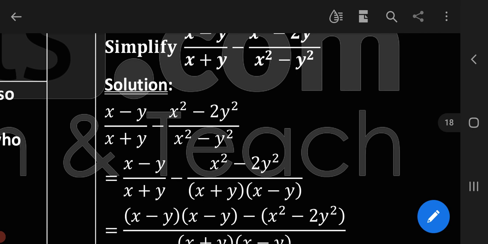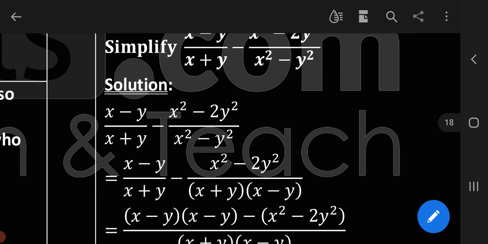So if we convert x square minus y square into its linear factor form, that is x plus y and x minus y, the common factor between these two polynomials is x plus y, and the non-common factor is x minus y. When both of them are multiplied, the result will become x square minus y square. It means the LCM of these two polynomials is x square minus y square.